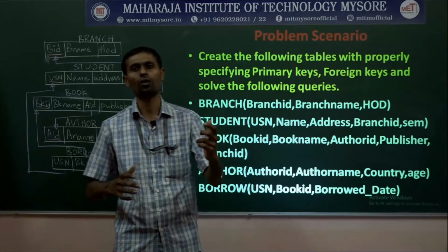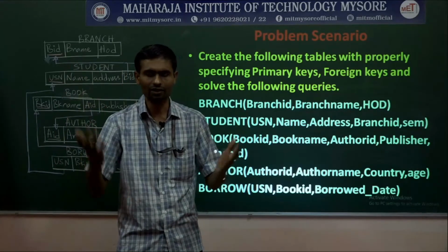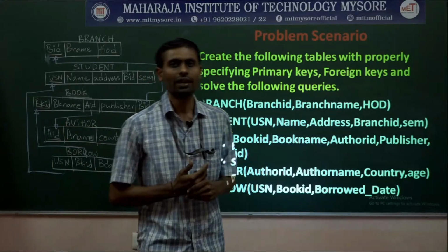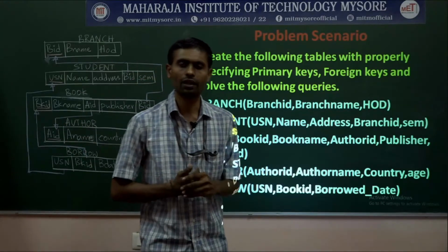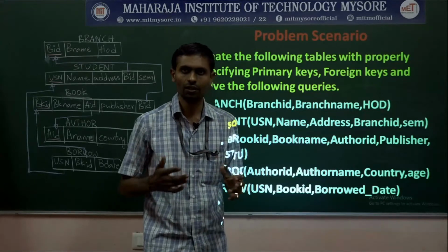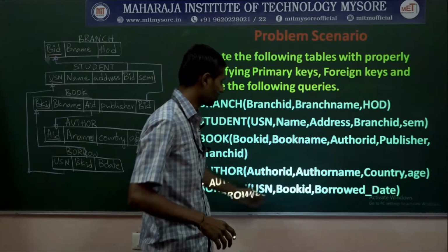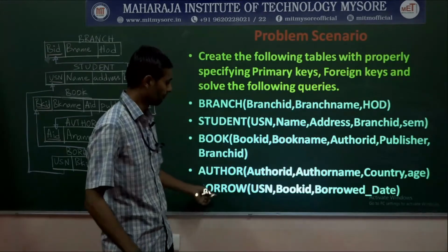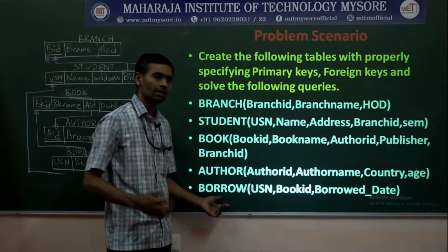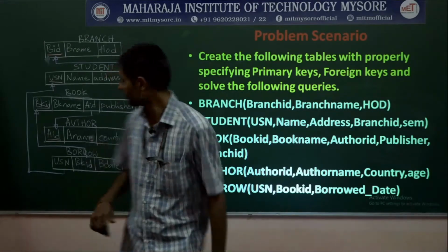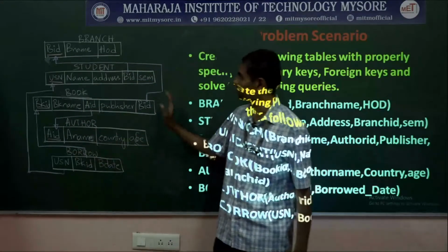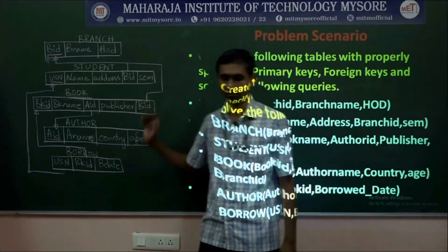A student can borrow many books, either on the same day or on different dates, and the same book could be borrowed by many students on different dates. This is the constraint we wanted to show, and we have successfully shown it. These are all the primary and foreign keys and relationships.